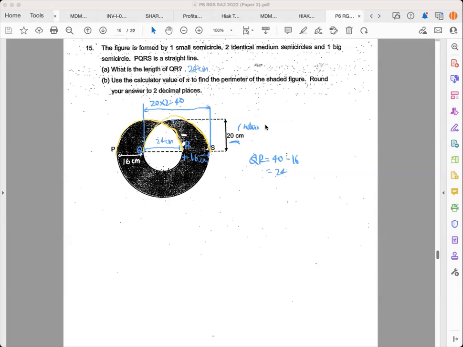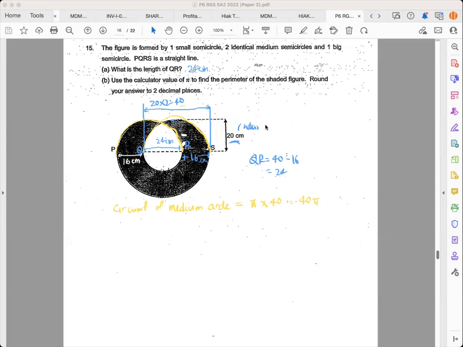So let's find out what's the circumference of a medium circle. It's equal to pi times diameter. Pi times diameter is 40. So this is 40 pi.